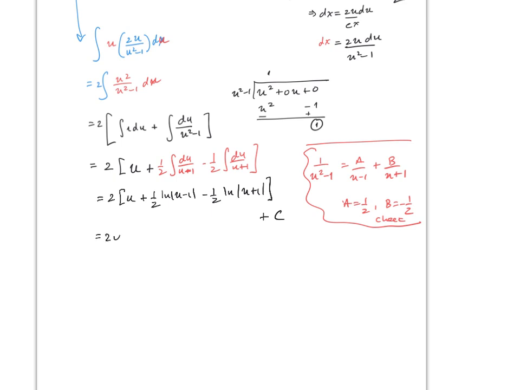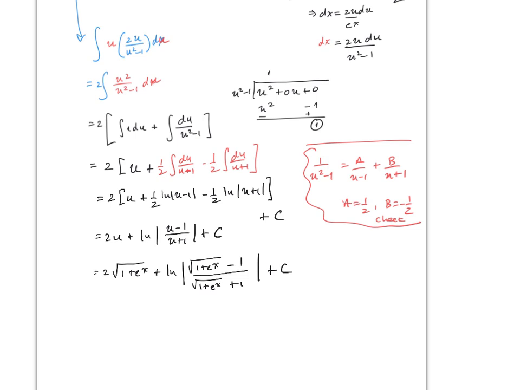This will be just 2u plus ln of u minus 1 over u plus 1 plus C, and then you have to change back to what u was. Remember, u was the square root of 1 plus e to the x. Okay, so then this will be on the top, the square root of 1 plus e to the x minus 1, the bottom the square root of 1 plus e to the x plus 1, the whole thing plus C. And that's it.